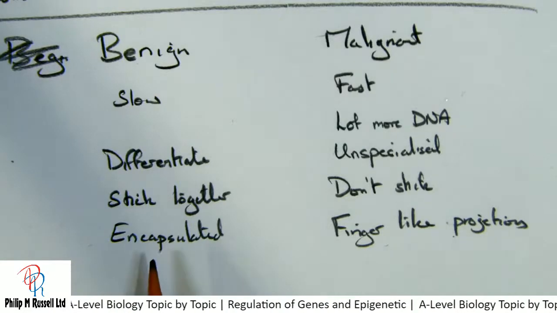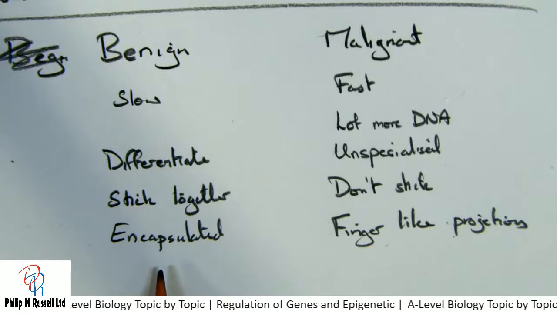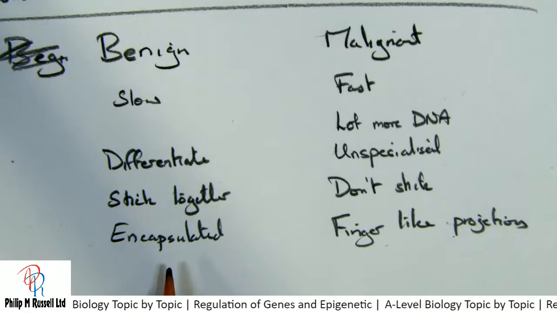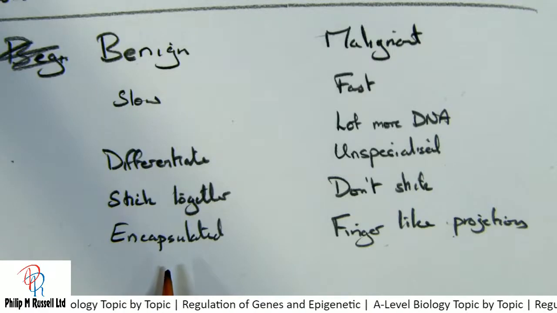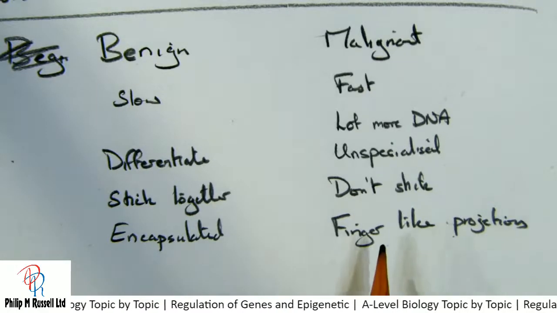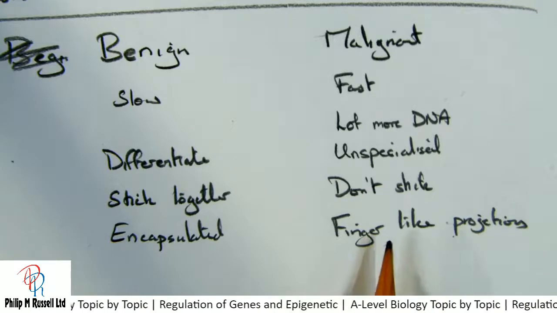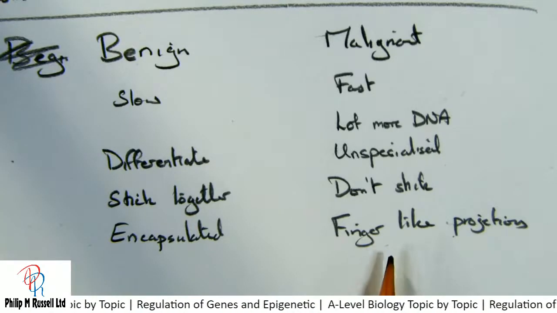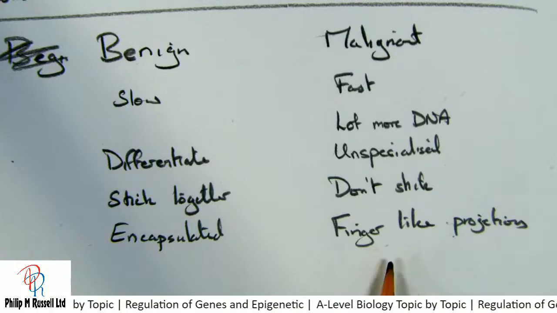So these tend not to be as life-threatening, although they can cause blockages which tend to kill. This one is starting to replace some tissue with other tissue, and this is going to have a big problem.